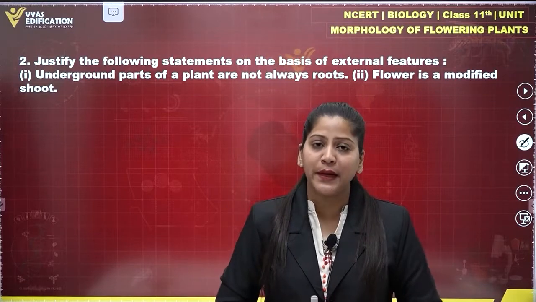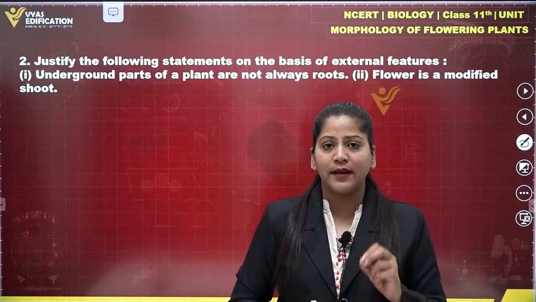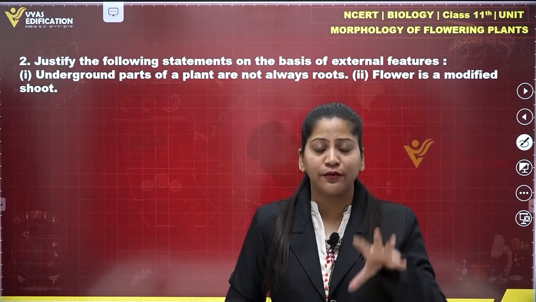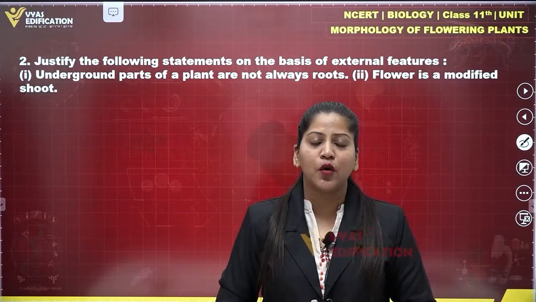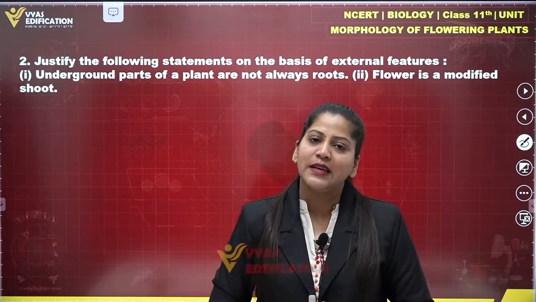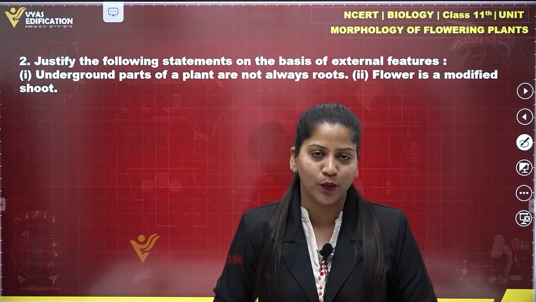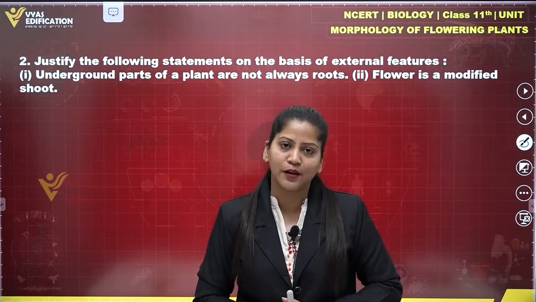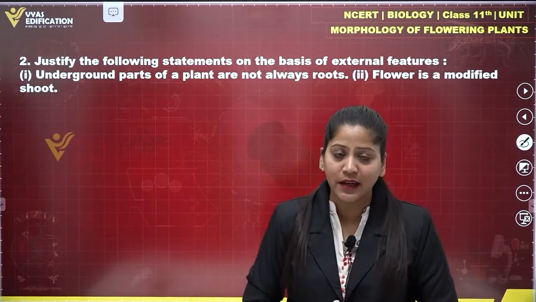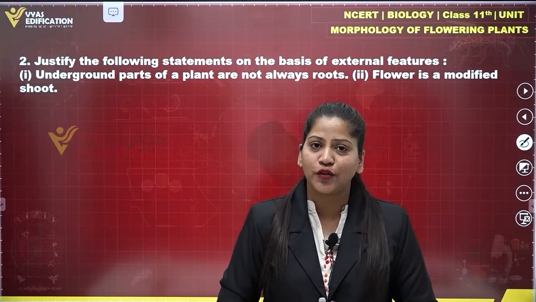You know that in peanuts, after fertilization, the flower is pushed into the soil and the formation of seed and fruit takes place inside the soil only. So these are some examples of various kinds of structures which are underground but are not roots.